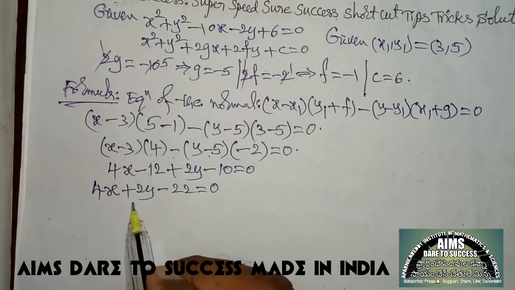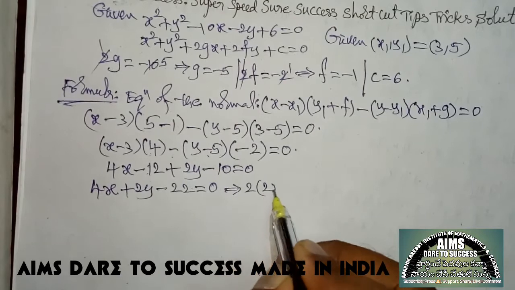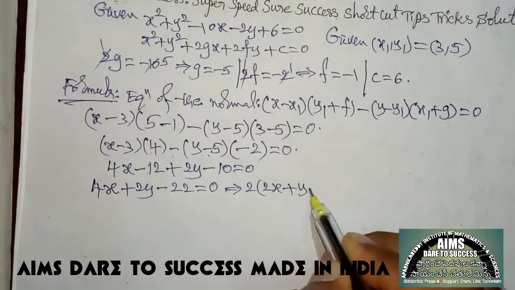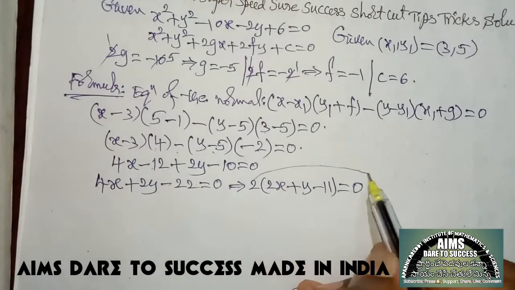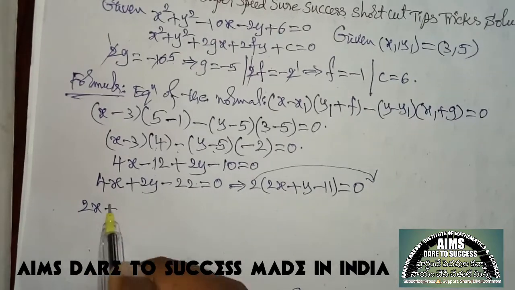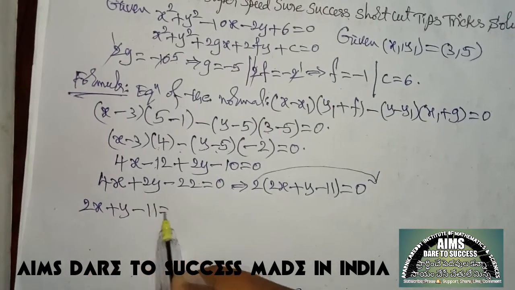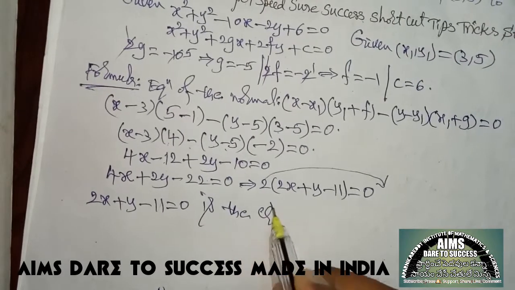Now take 2 common. After taking 2 common, the remaining equation is 2x + y − 11 = 0.